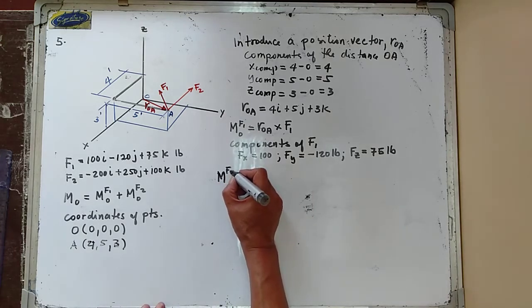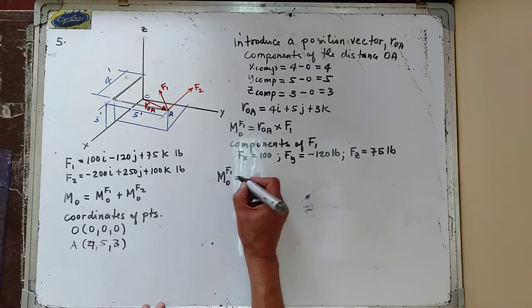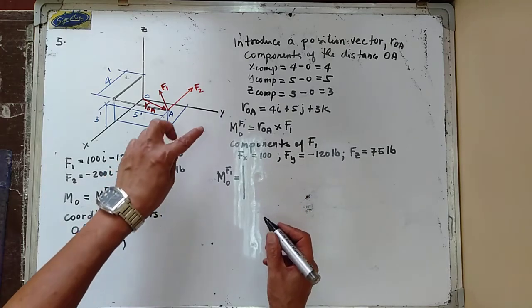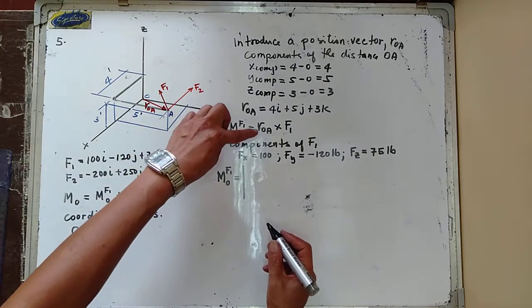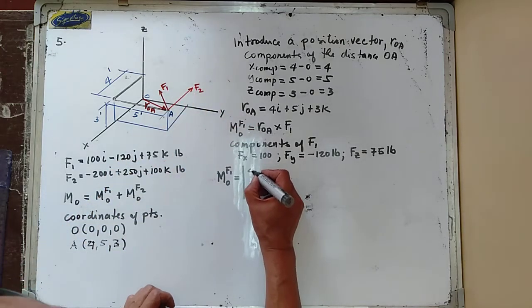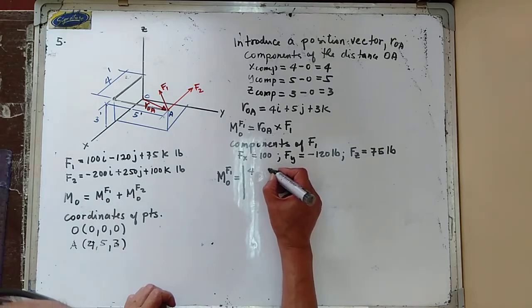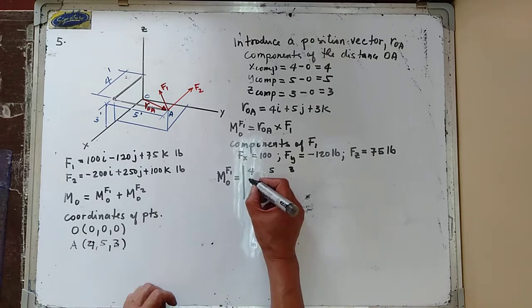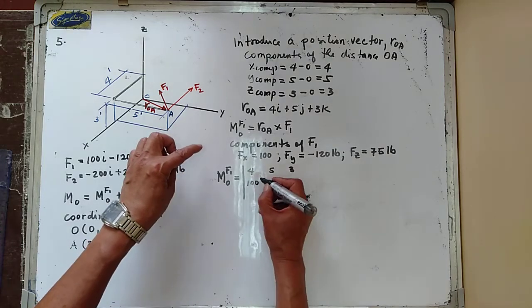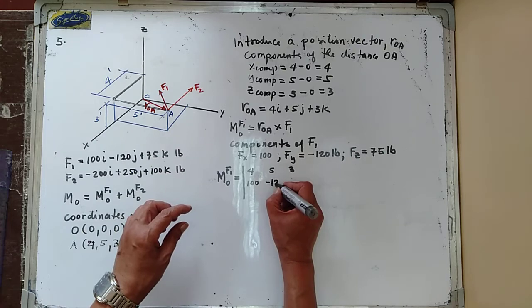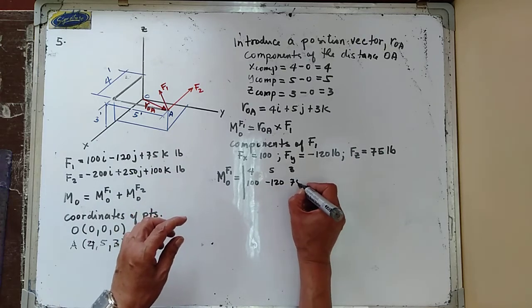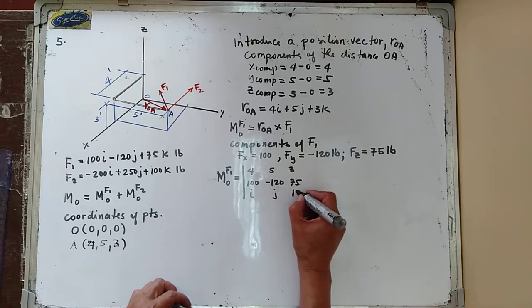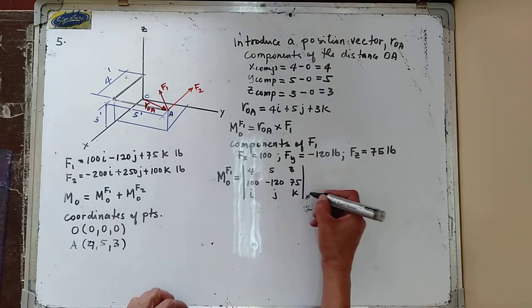So the moment of F1 about point O is now equal to, so we have your ROA, that is 4, 5, and 3, and 100, negative 120, and 75. So we have your i, j, and that is now your k.